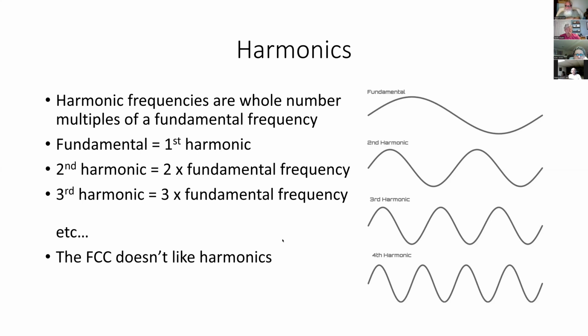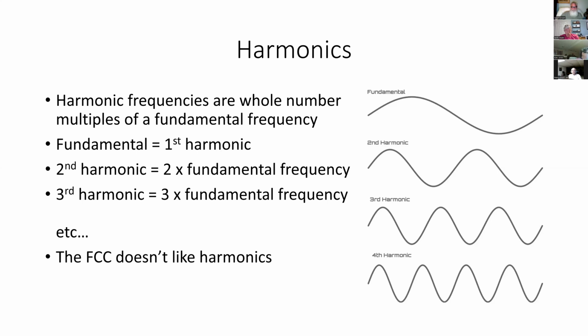Now, the FCC doesn't like radio hams to transmit harmonics either of the carrier frequency or of the modulating frequency, because one of the things you might remember from last week is the FCC wants you to transmit at the minimum bandwidth necessary to get the information across.